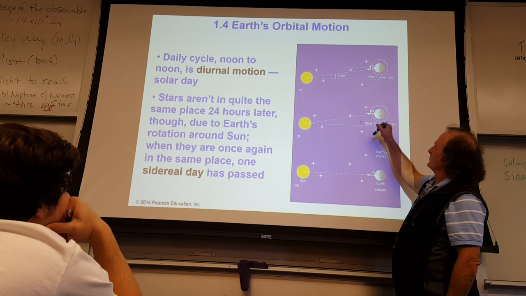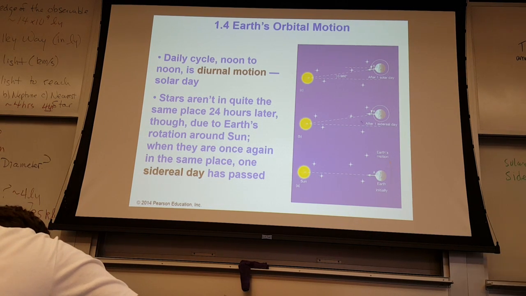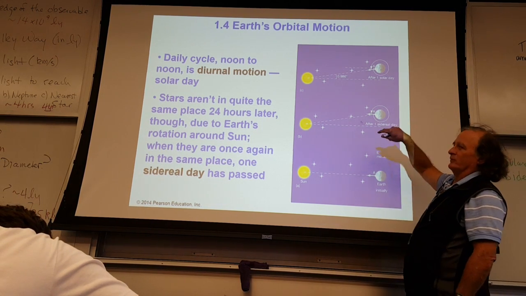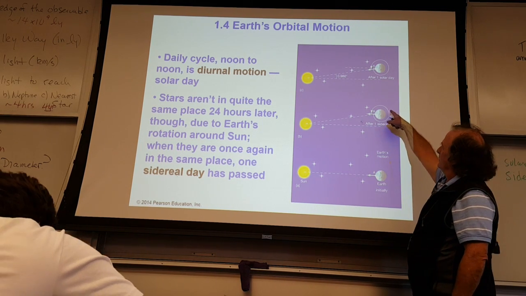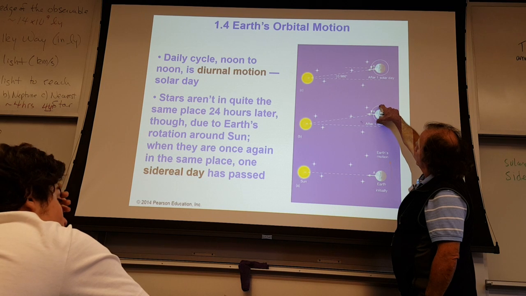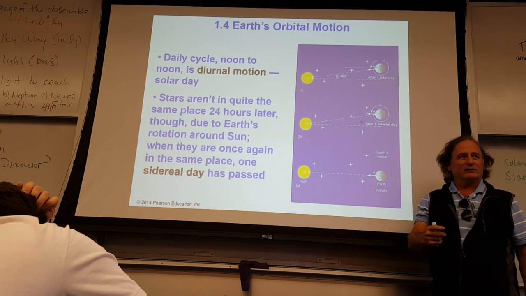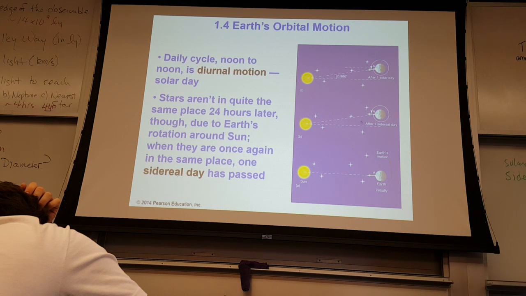Once around relative to the stars is the sidereal day. Now the orbit is this way and the rotation is this way, so it takes a little bit more time in orbit for this revolution to catch up and make the solar day. So the solar day is a little bit longer than the sidereal day, about 4 minutes.